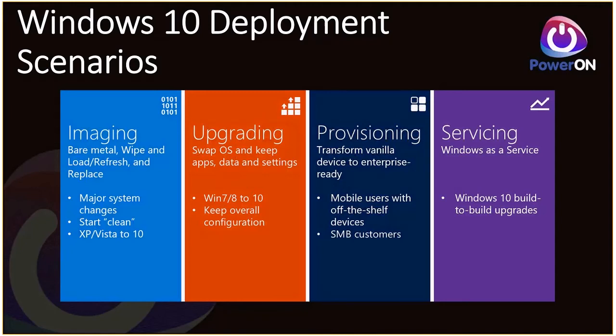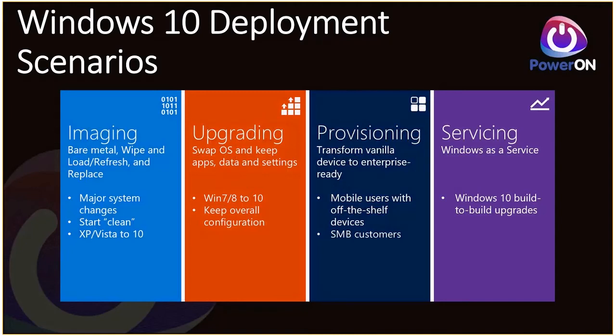So a device might have come out of the box and it's got a new hard drive. If there's no existing operating system on that device, we're going to have to image it, so we can add new stuff to it later on down the line. You may have a refresh scenario where you need to preserve the existing user data and settings, and then apply that once you've done the wipe and load and installed the operating system.